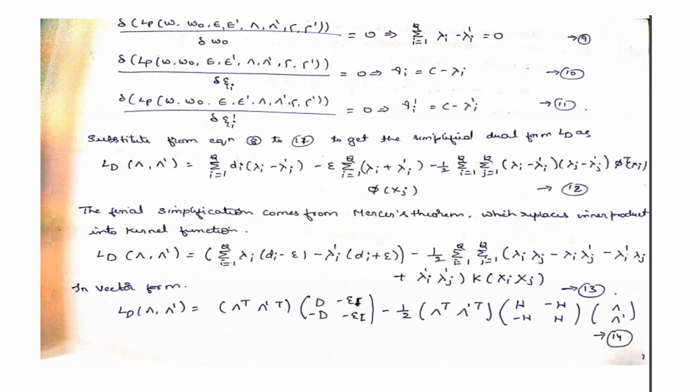So in vector form, this can be rewritten as LD of gamma comma gamma prime equal to lambda transpose, lambda prime transpose into d minus epsilon, d plus epsilon, minus half lambda transpose, lambda prime transpose into H, minus H, into gamma and gamma prime, which can be written in matrix form as this.